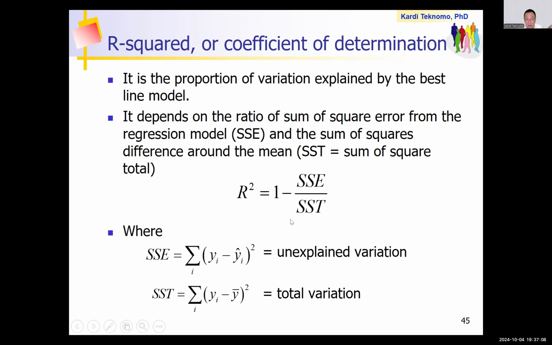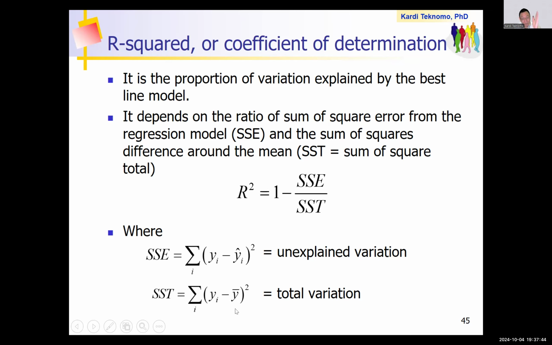So the formula of R square is basically 1 minus SSE divided by SST. What is that? SSE is the sum square of error a while ago. The error is the observation minus the estimate, and then you square it and then you sum. So this is SSE. SST is the sum square of total. This is the observation minus the Y average.